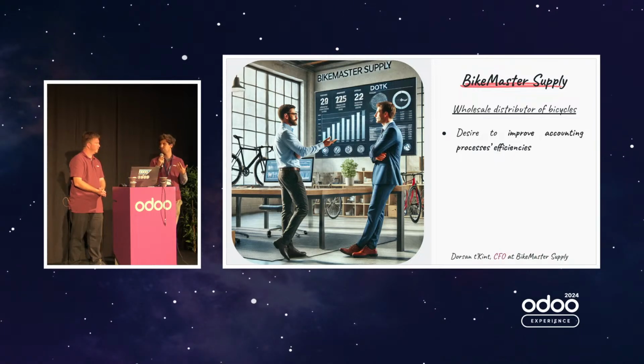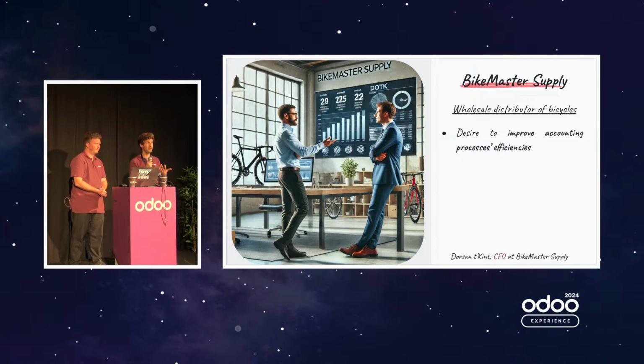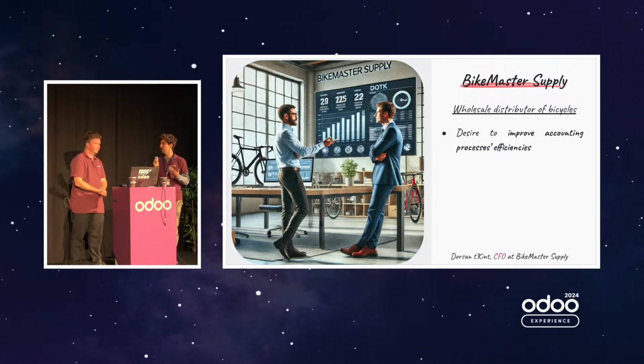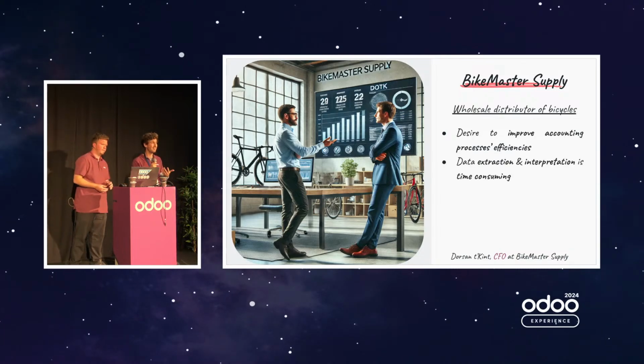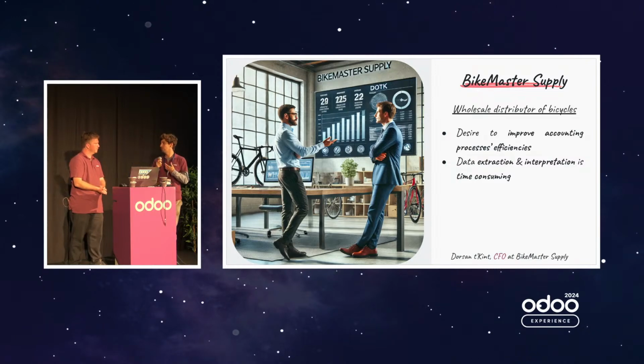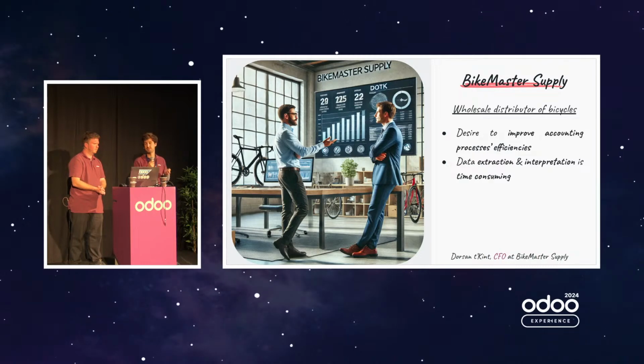So far, they are doing too many manual jobs. The second thing is that for the moment we are extracting too much information outside of Odoo in order to make our reporting. So we need to wait until the closing to create those reports and to take an important decision out of this.